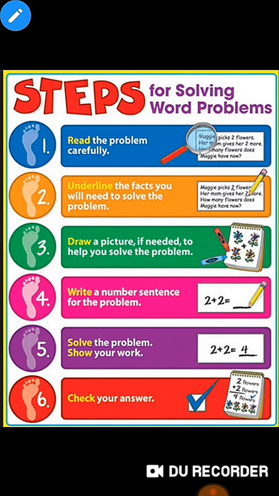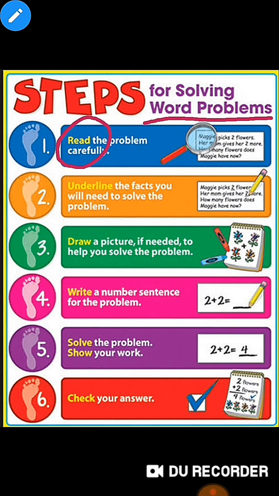Now, today, we are going to understand word problems. For this, I am going to give you a few steps for solving word problems. First, every time a word problem is given to you, children, read it carefully.